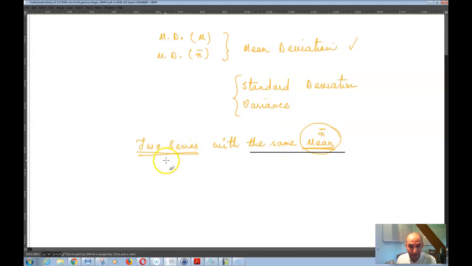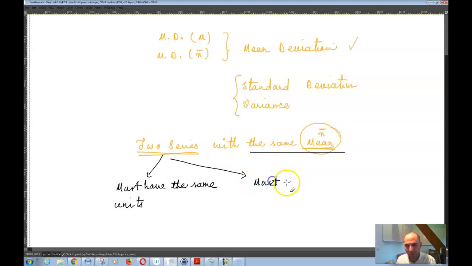The second thing is that the two series must have the same units, or both be unitless. If both are unitless, or both have the same units, then you can compare them, provided that they have the same mean.